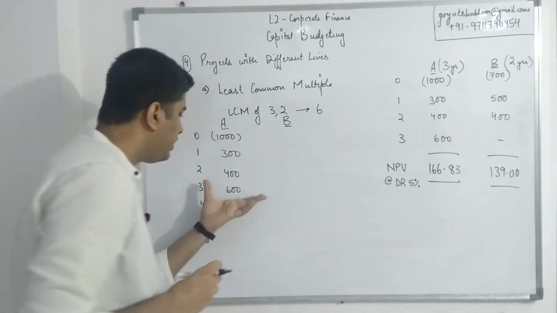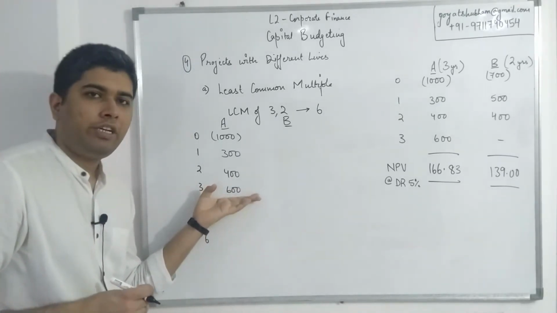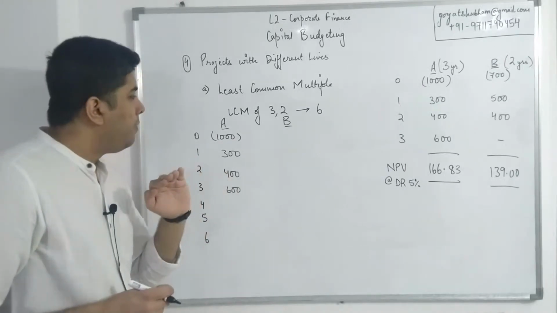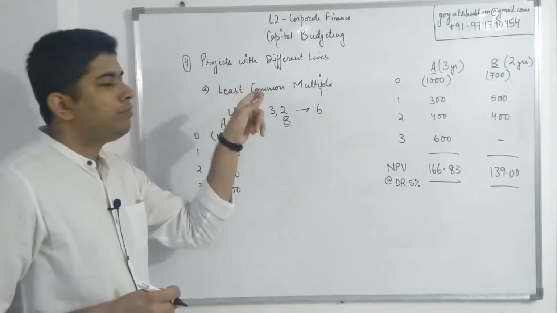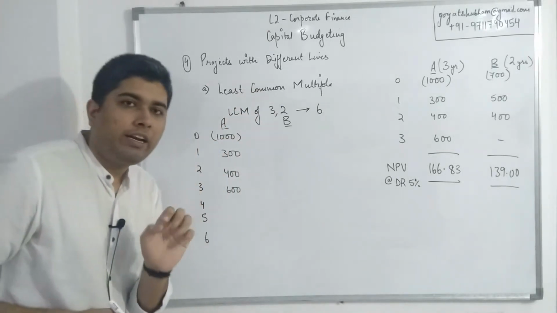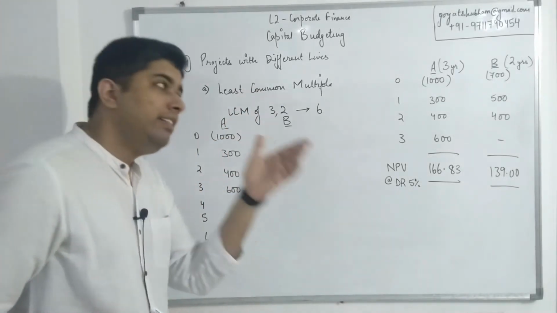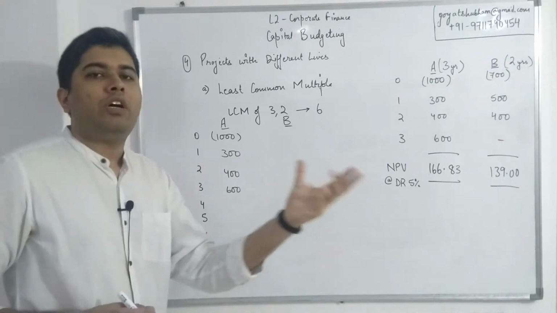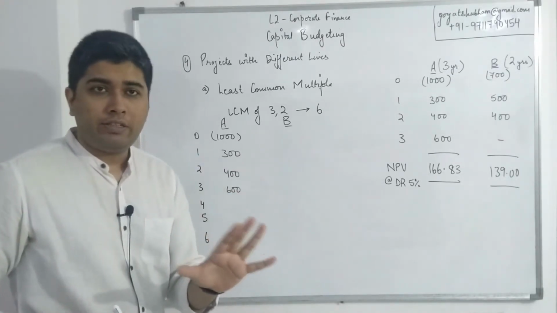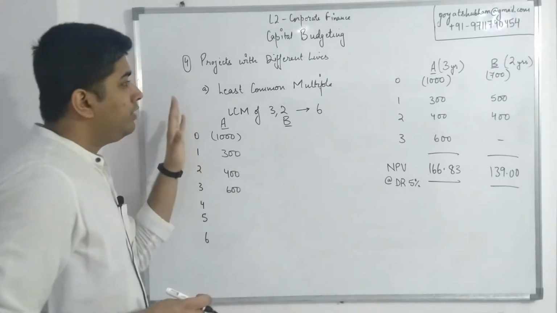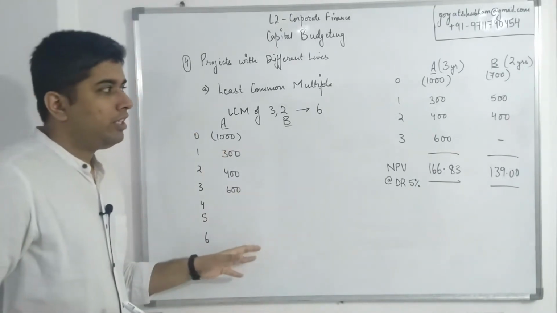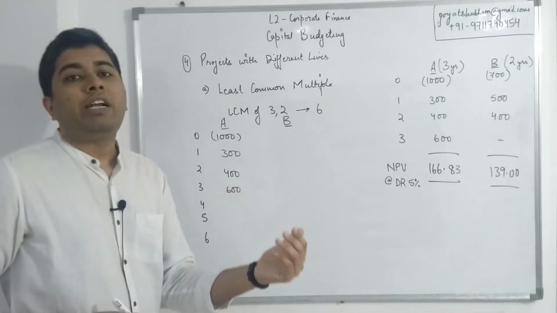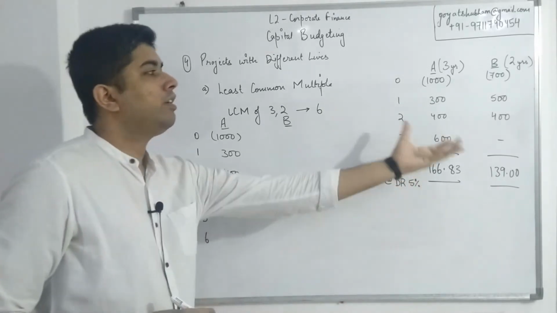At the end of the third year, when Project A is done, the LCM approach uses an assumption that I can reinvest my money in the same project again for another 3 years. It's not a very realistic assumption, but our purpose here is not to see if this method is realistic or not. This method is just giving a mathematical approximation of how we can compare these two.